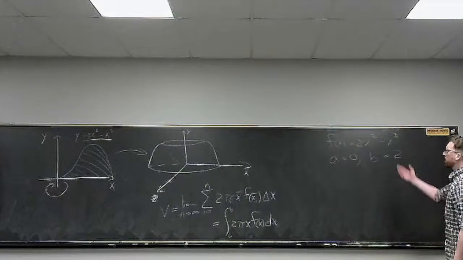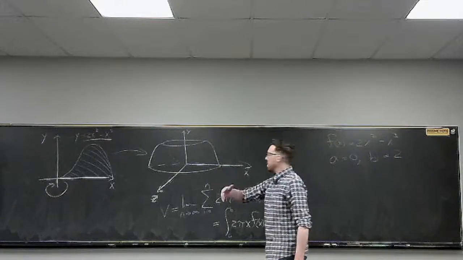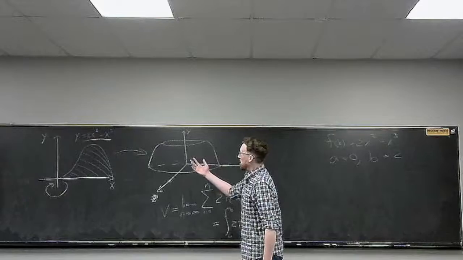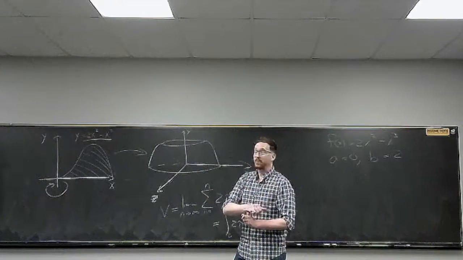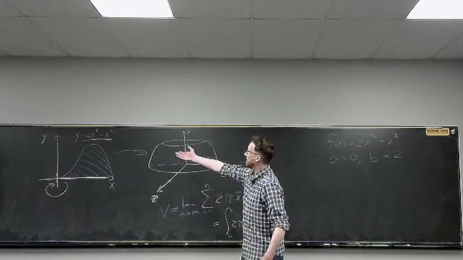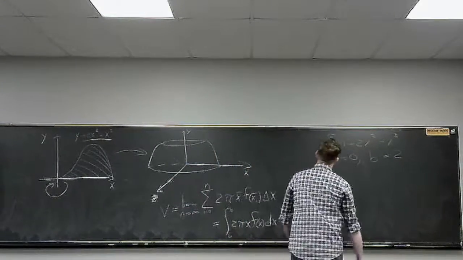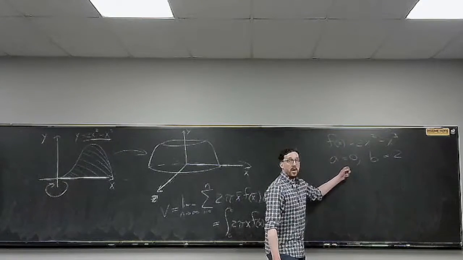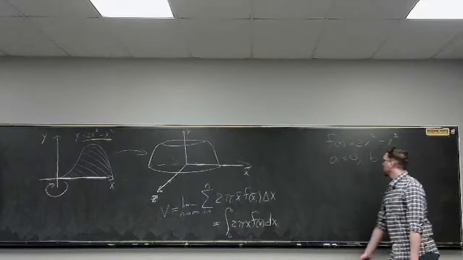That should have been obvious. It's 2 times x squared minus x cubed. Well, for that to be 0, x has to be 0, or another possible answer is x is equal to 2. Anyhow, now we know all the relevant information for our integral.